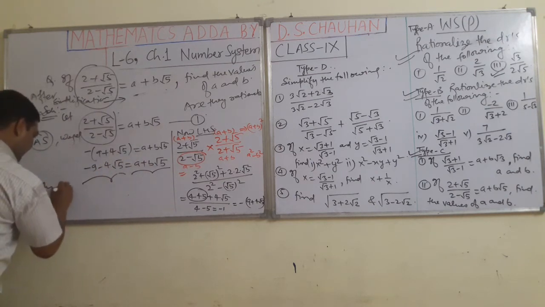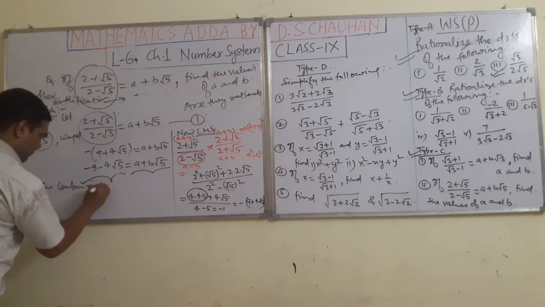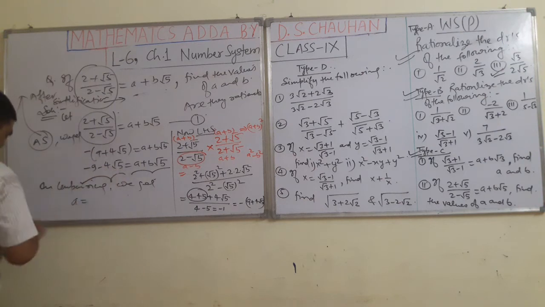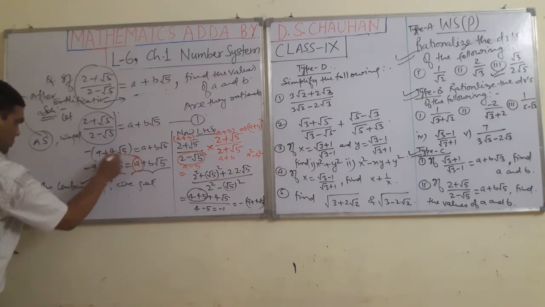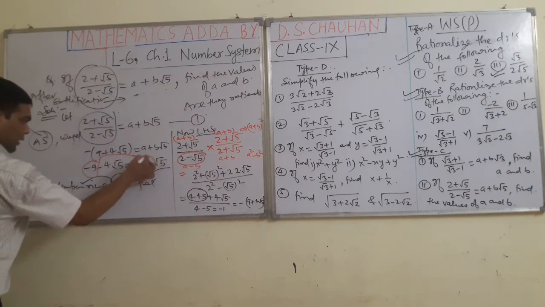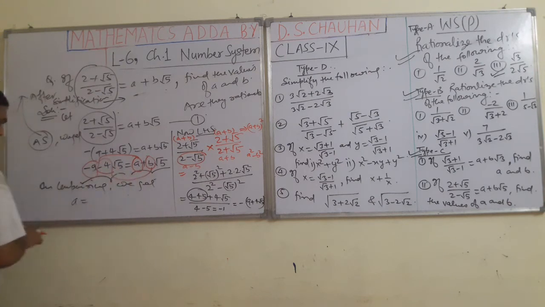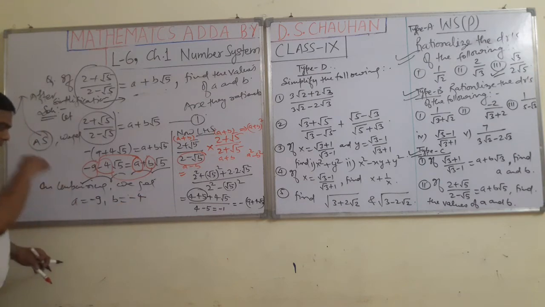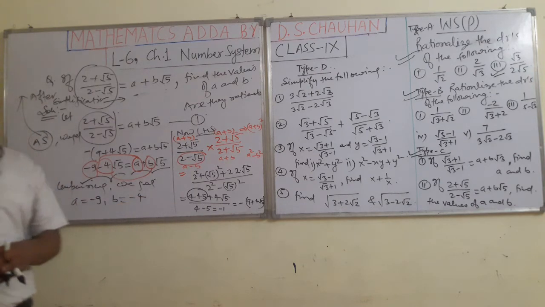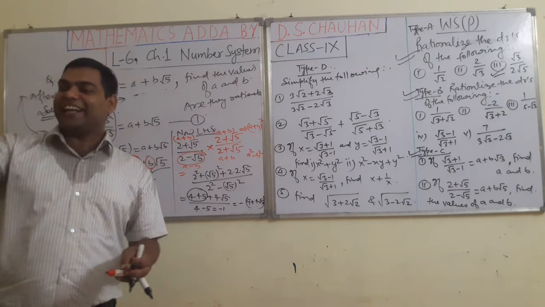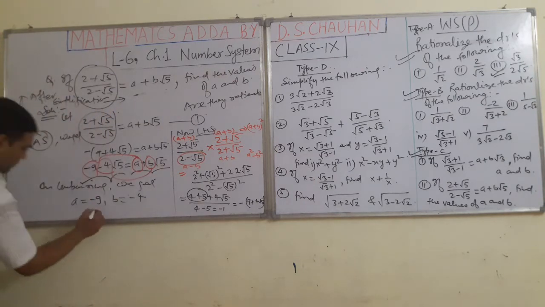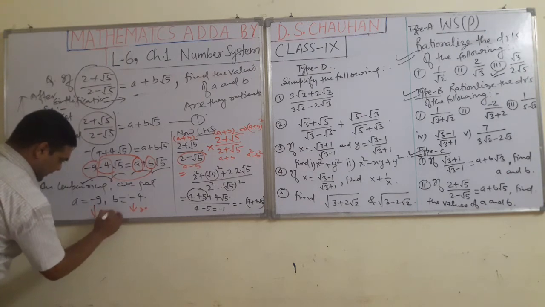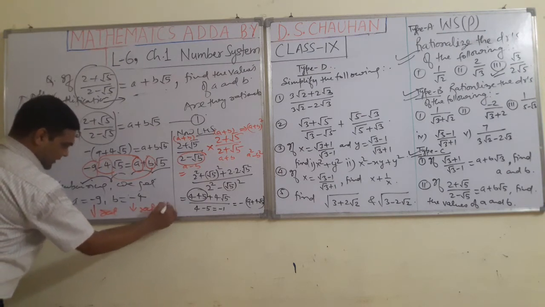On comparing, we get a equals minus 9 and b equals minus 4. And see, minus 9 and minus 4 are both negative integers, and all negative integers are rational. So a and b both are rational.